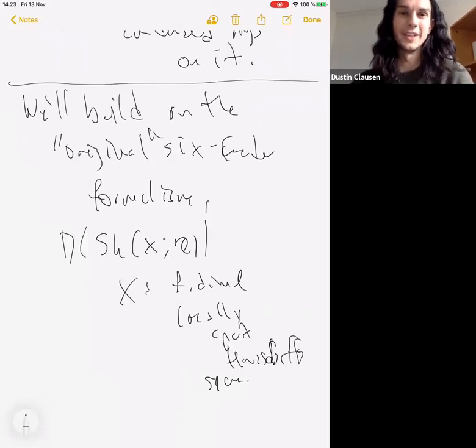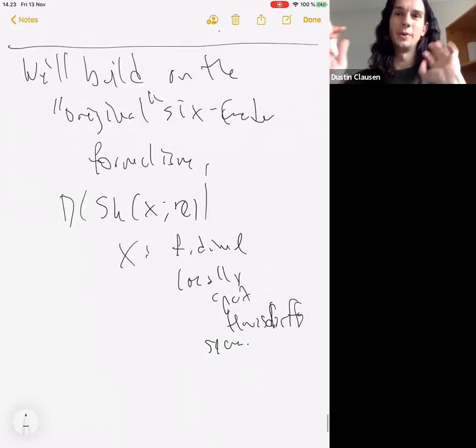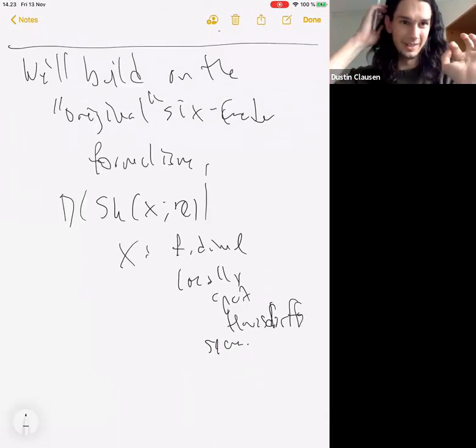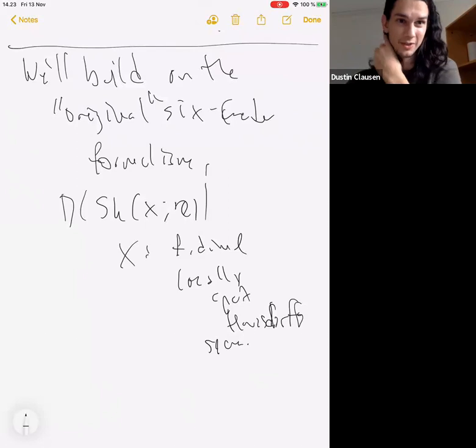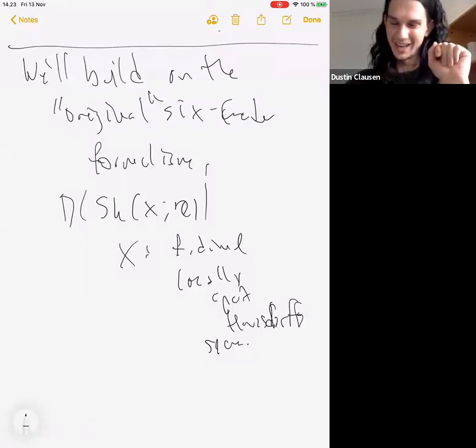We're forgetting about condensed stuff just for a little while. I want to take some time and give a little pedagogical introduction to 6-functor formalisms, focusing on the original, in quotation marks, case, or the simplest case in which you have a 6-functor formalism, which is usual sheaves on usual locally compact Hausdorff spaces.